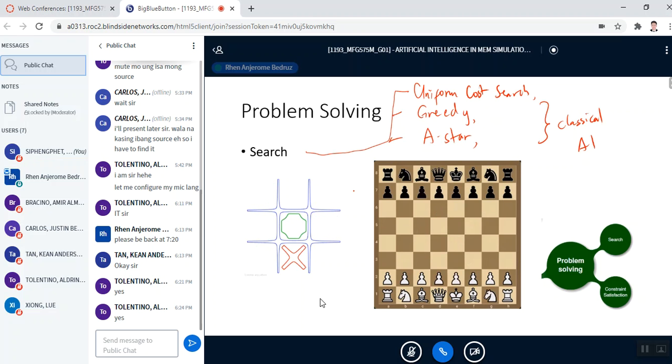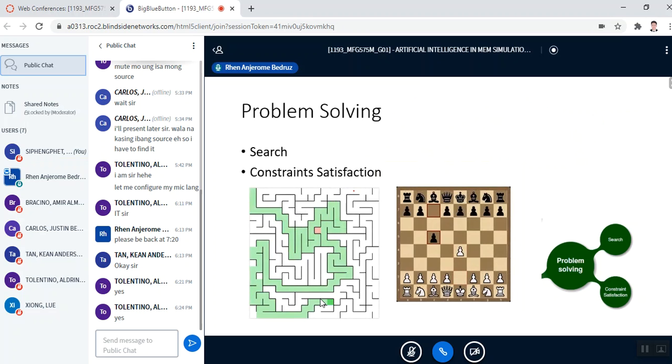Now moving on. Another problem solving technique is constraint satisfaction. What is this? First, what is the constraint? The constraint is obstacles. For example, if I have an AI that solves a maze, what are its constraints? Its constraints are the walls. For example, this is the finish line and this is the starting point.